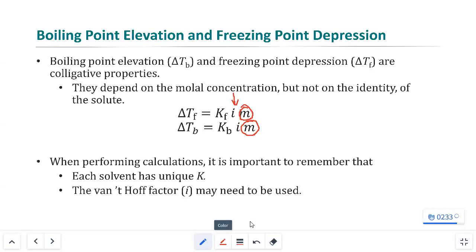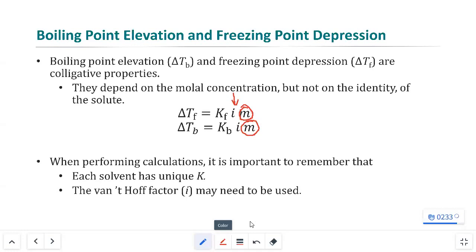So these are values that would be assigned or given to you. Or in the case of your lab, knowing some information, you can actually calculate the value of K if you know the concentration, if you know the temperature drop in the case of freezing point. So these equations end up being really easy to use once we know what we have.